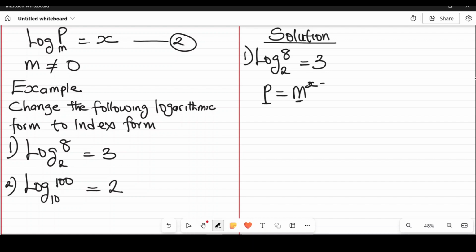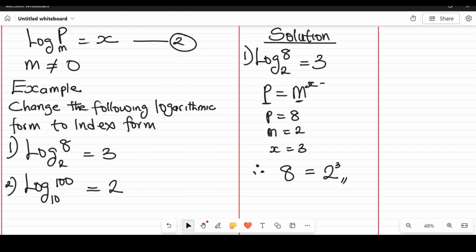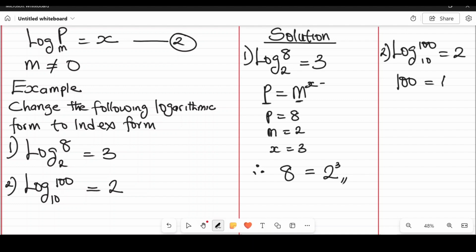Now from here, p is equal to 8, m is equal to 2, and x is equal to 3. So in index form, this can be written as 8 equal to 2 to the power of 3. If we apply the same to example number 2, this will be 100 equal to 10 to the power 2, which is our answer.